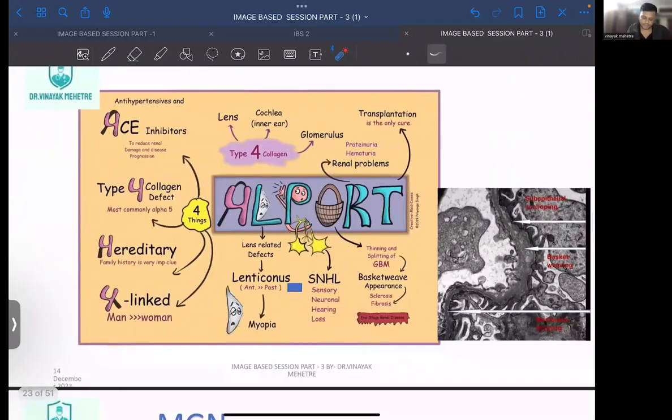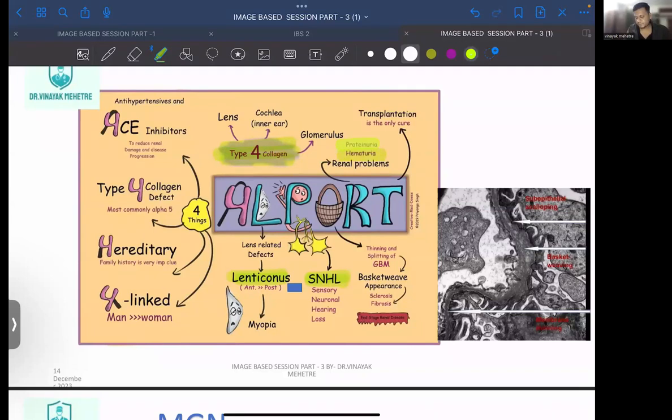we are going to see anterior lenticonus, right? Outpouching of the eye, kind of. Sensory neural hearing loss, right? Type 4 collagen defect is present in lens, cochlea and kidney. Cochlea and kidney, what do we get?